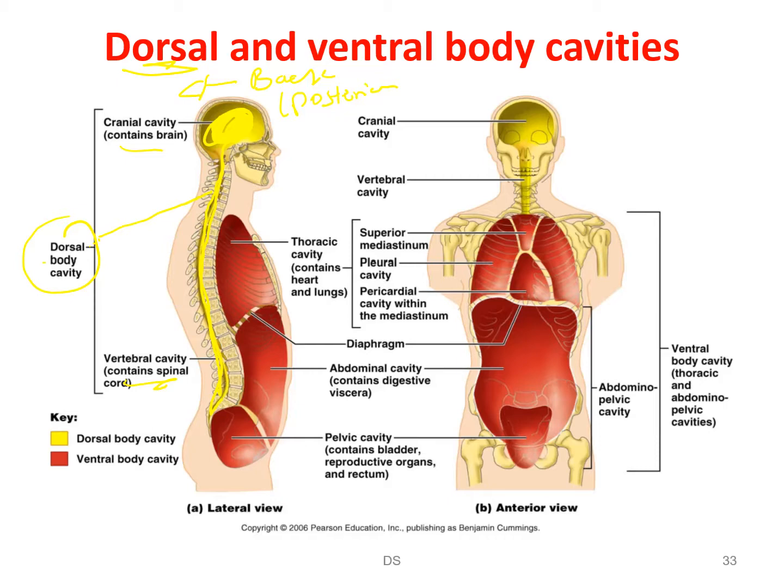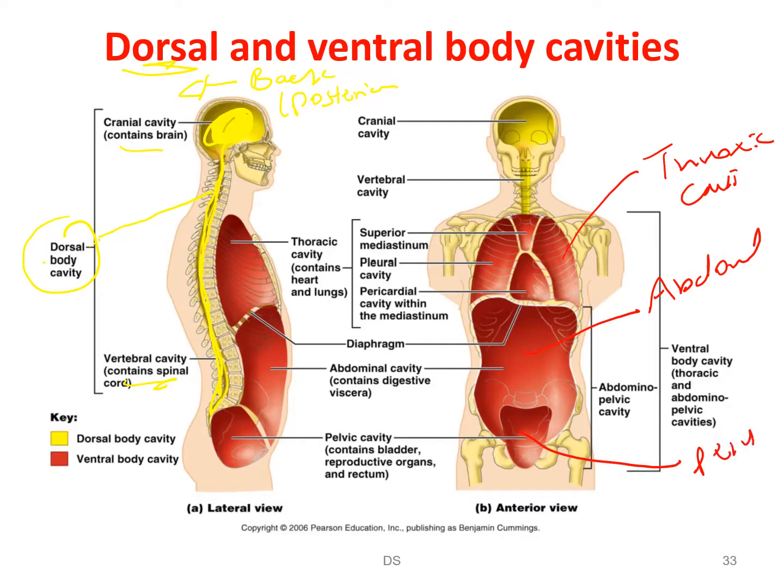Whereas the cavity found in the chest region is the thoracic cavity, then the abdominal cavity, and this one is the pelvic cavity. They are located relatively towards the front.